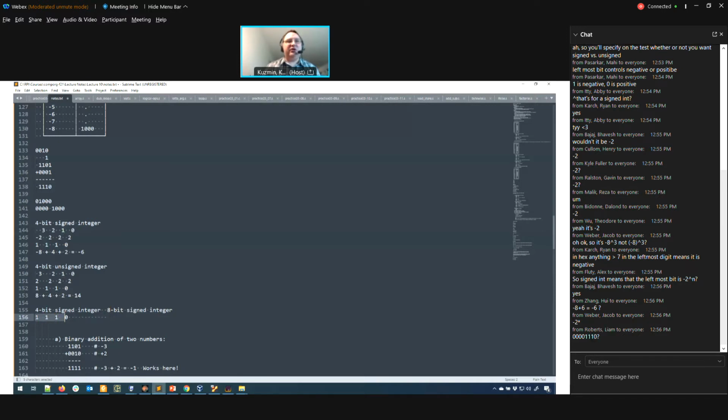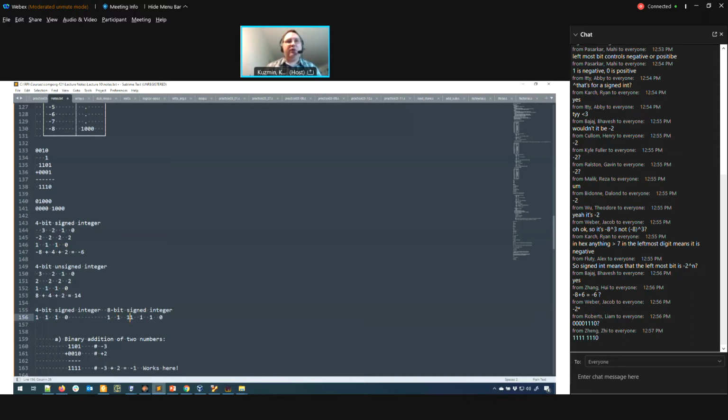You take the original bit sequence and you extend the sign bit. It can be 0, it can be 1. You do not always extend 0 or 1, but you extend whatever the sign bit is. In this case it is 1, so just 4 ones here, and you got an 8-bit signed integer with the same value. It is negative 6.